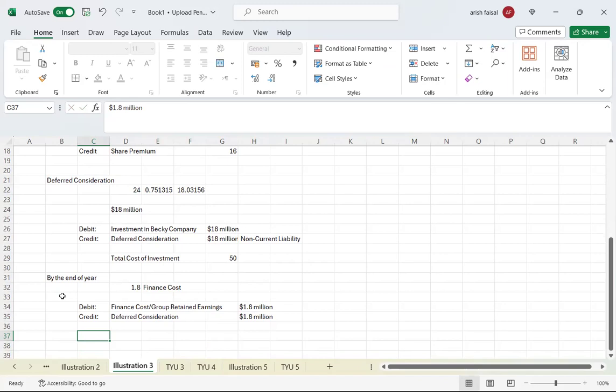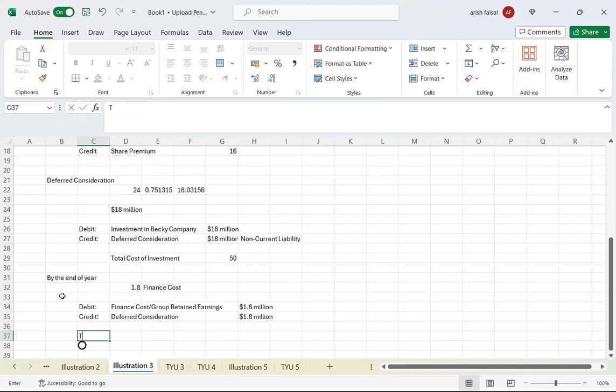Over the 3 years, the liability will keep on increasing, and that increase is considered to be unwinding of discount. And you have to record it in the income statement if you're preparing it, as a finance cost, or in case you're preparing the balance sheet, once you are doing the group retained earnings working number 5, you have to reduce the finance cost from your group retained earnings total.